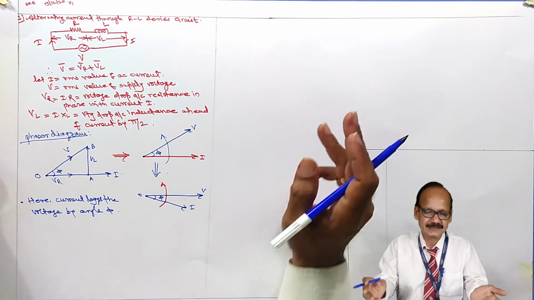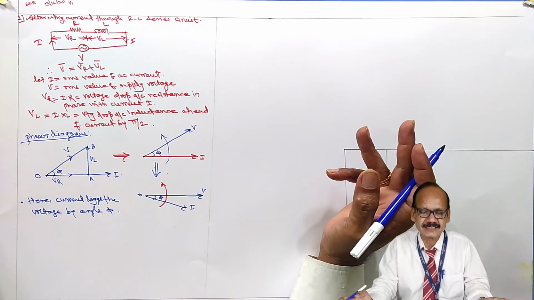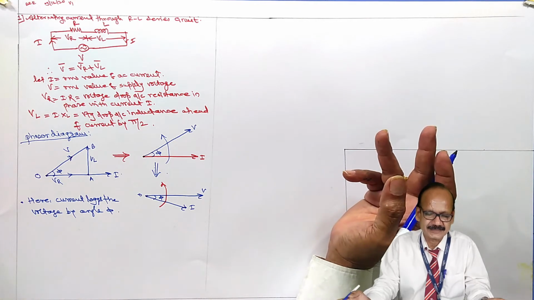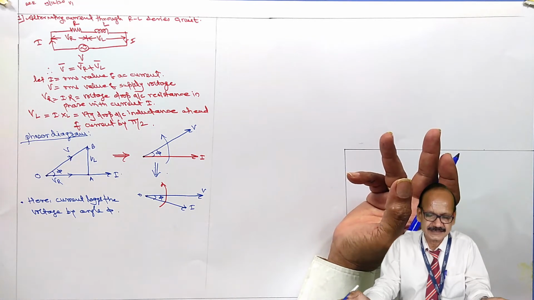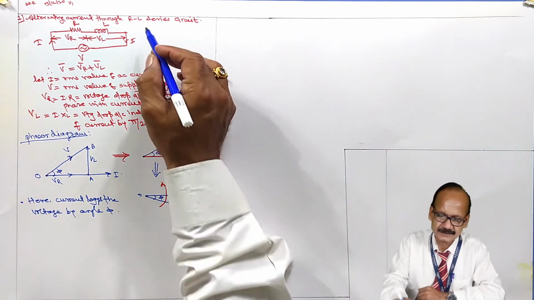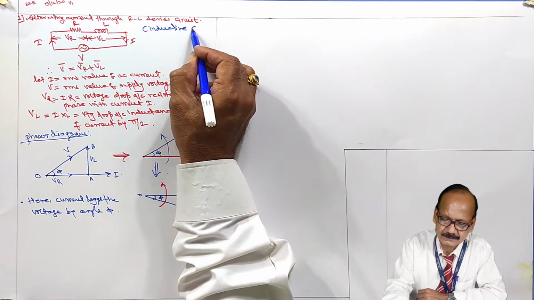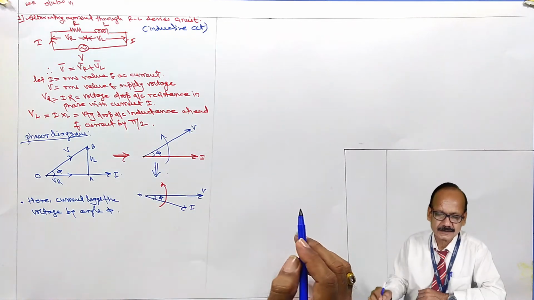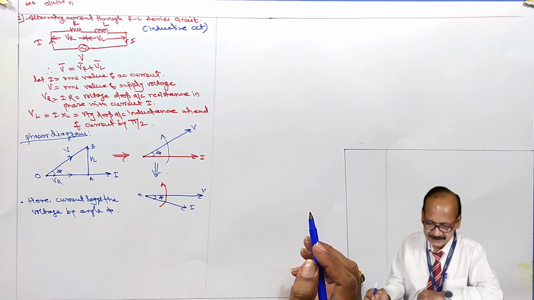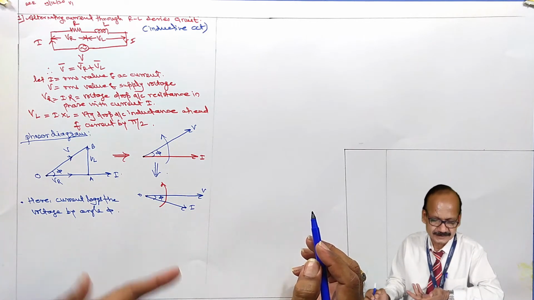So we can make the conclusion, whenever alternating current flows through the inductive circuit, RL circuit is an inductive circuit, the current lags behind the supply voltage by an angle phi.